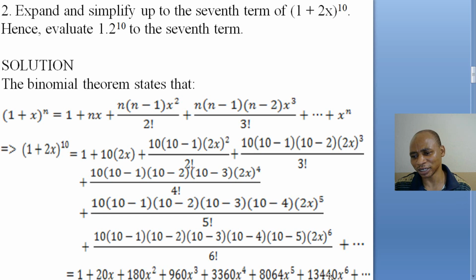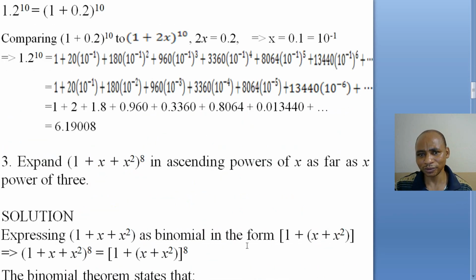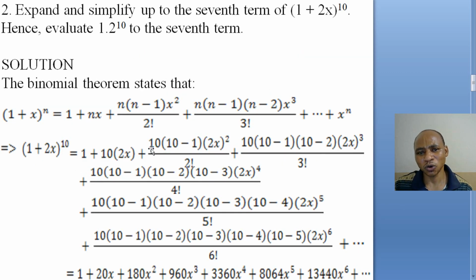Don't forget, the term ends on the 7th term. So we finished with the first part of the question.